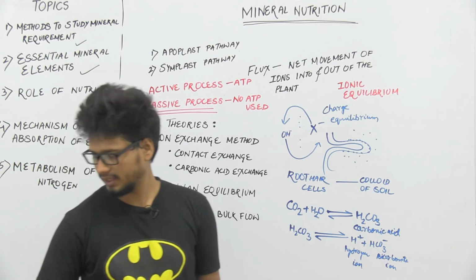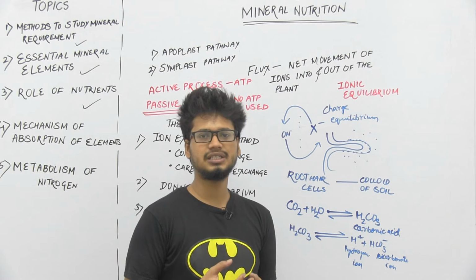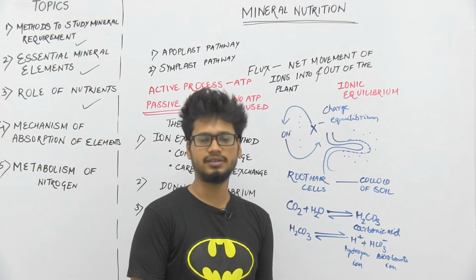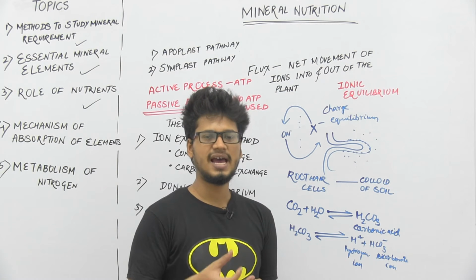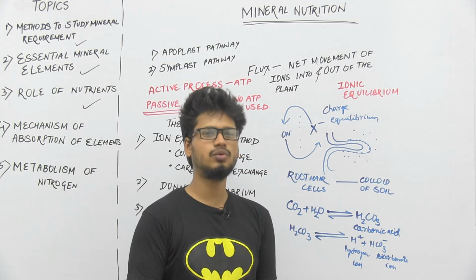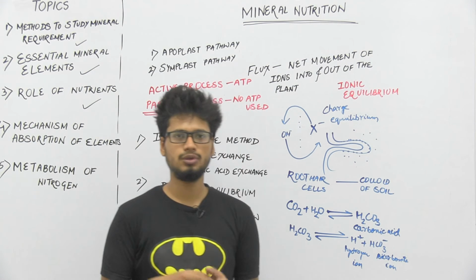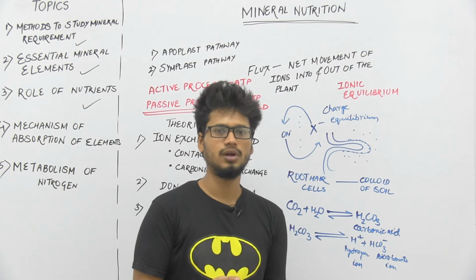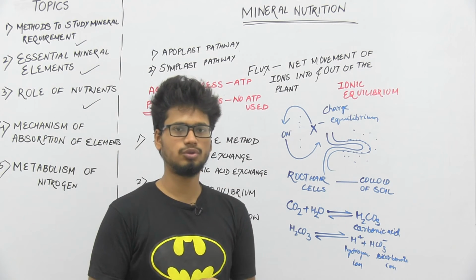Transpiration ये होता है कि when the plant is losing a lot of water through the aerial parts, so there is creation of a suction force, और ये जो suction force है that is equal to when you drink a cold drink with the help of a straw. You try to create a pressure difference because of which the cold drink comes out through the straw.